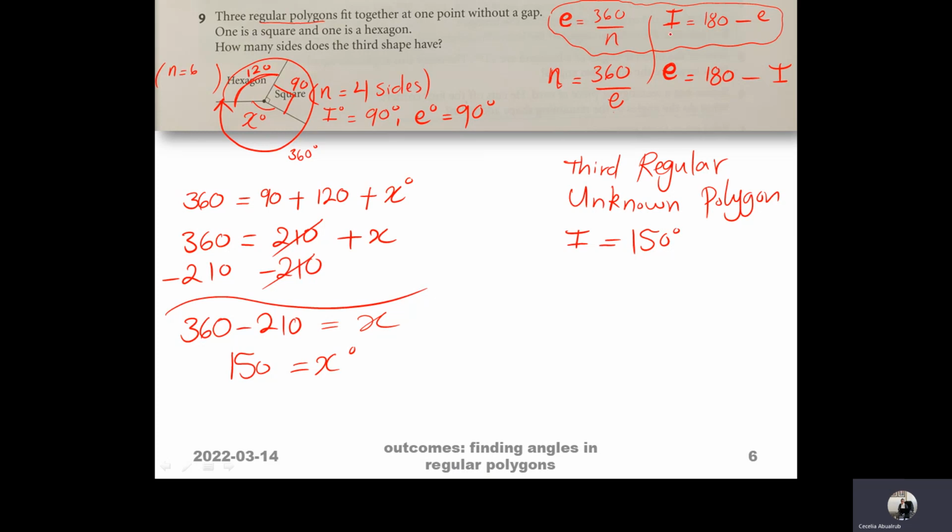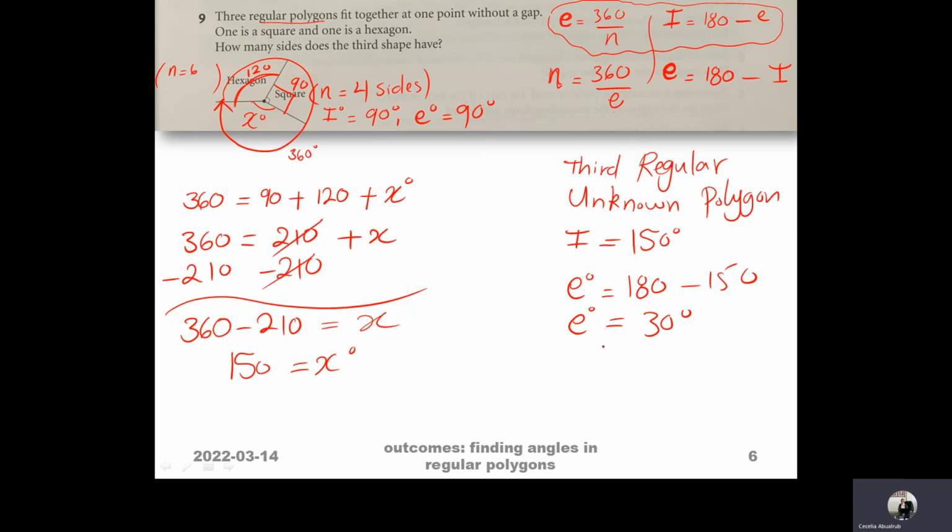So if I substitute here to find the exterior angle, I'm going to say 180 minus 150, and this will come down to 30 degrees. So the exterior angle is 30 degrees.